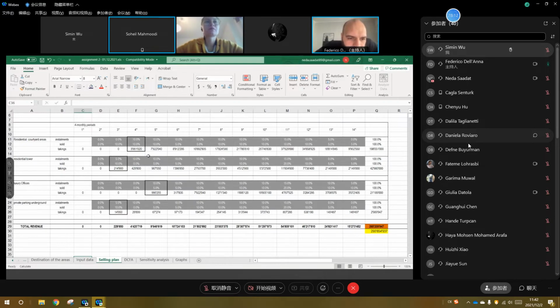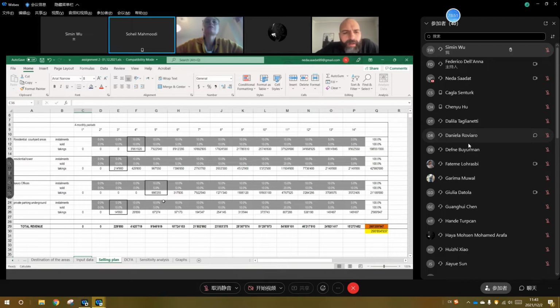For selling price, we decided to start from different periods of time. Because the tower starts a little later, I mean the offices start a little later than the tower, we decided to sell it in the fifth period, and the others in the third and fourth, to make the distribution better.